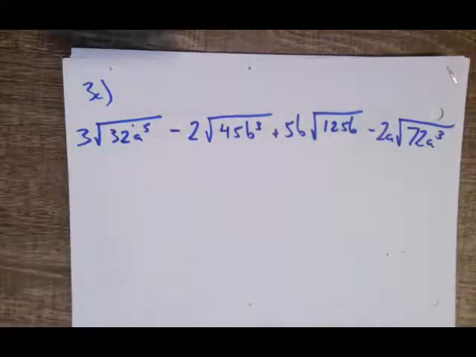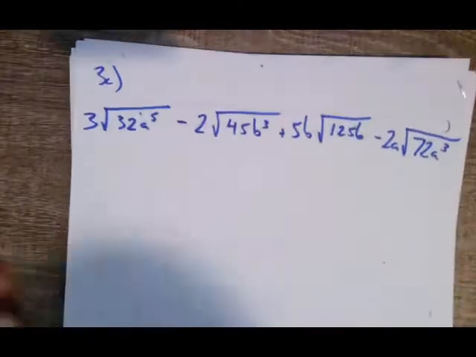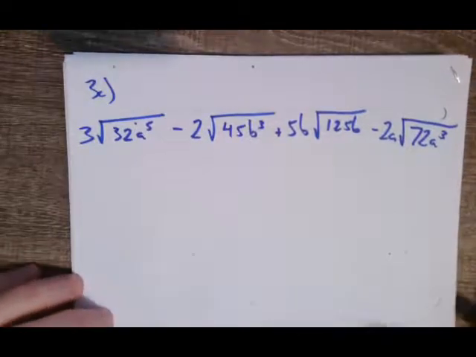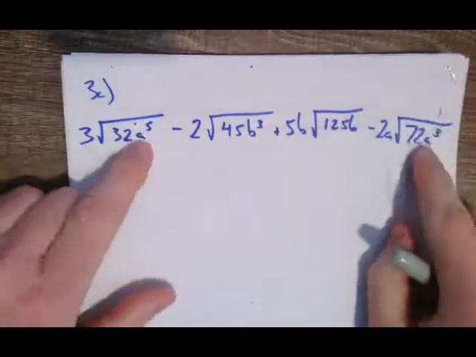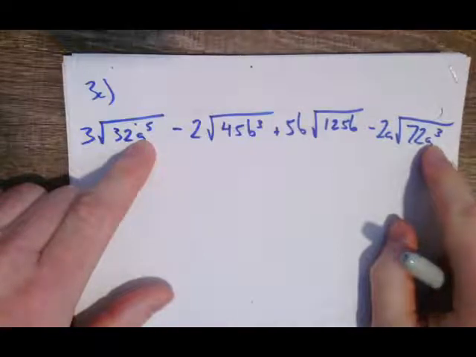All right, so this one requires a few steps. You got to simplify first and then see where your like terms are. Because as it sits right now, we don't have a single like term, but we might. The a's here will simplify down to just a to the 1.